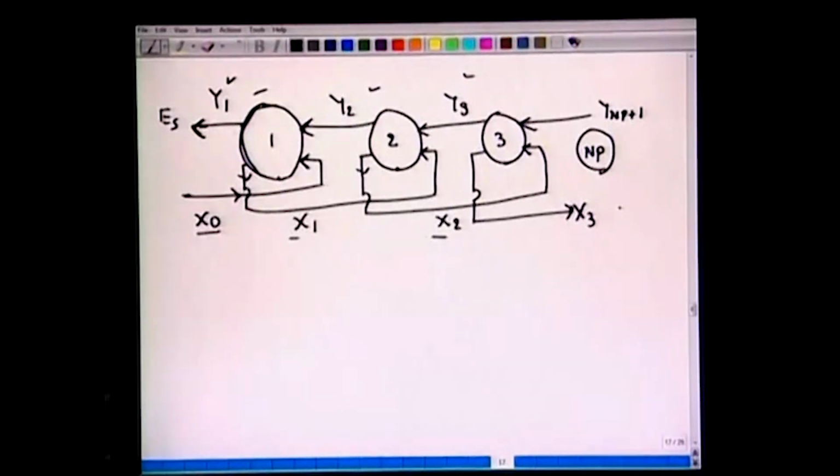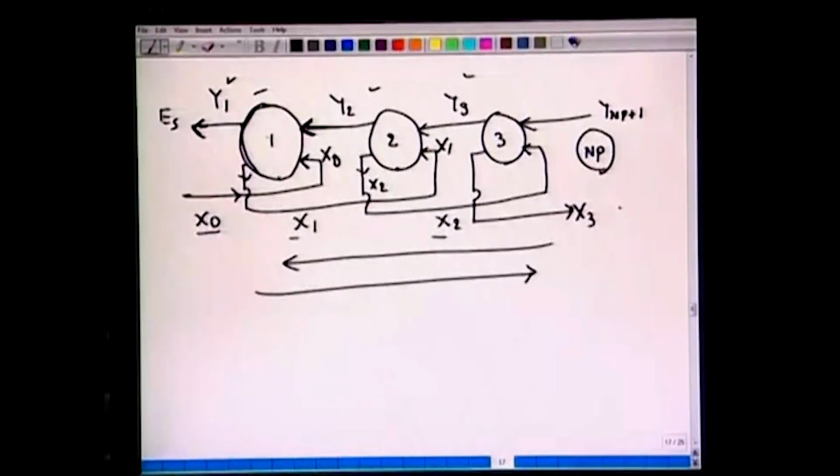This stream enters with the composition y2, leaves with y1, and this stream enters with x0 and leaves with x1. Similarly, we have x1 and this is our x2. So, although the overall process is counter current, one stream goes like this and the other stream goes like this, individually we can see that one can still treat stages 1, 2, 3 as a co-current process.